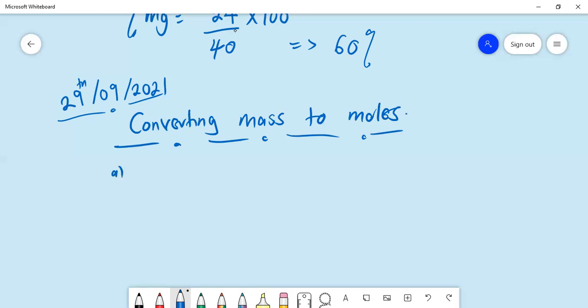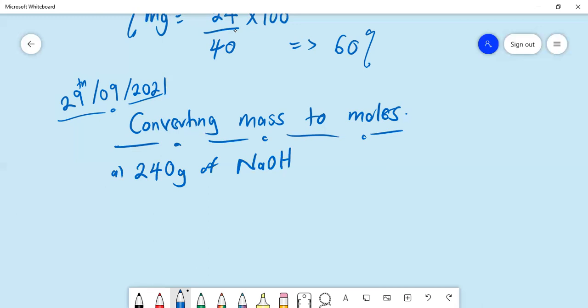Now, part A. Suppose you are converting 240 grams of sodium hydroxide to moles. Now they've given us the formula of sodium hydroxide.